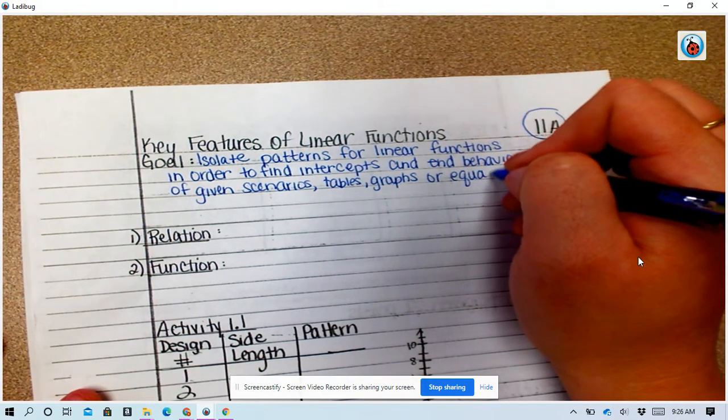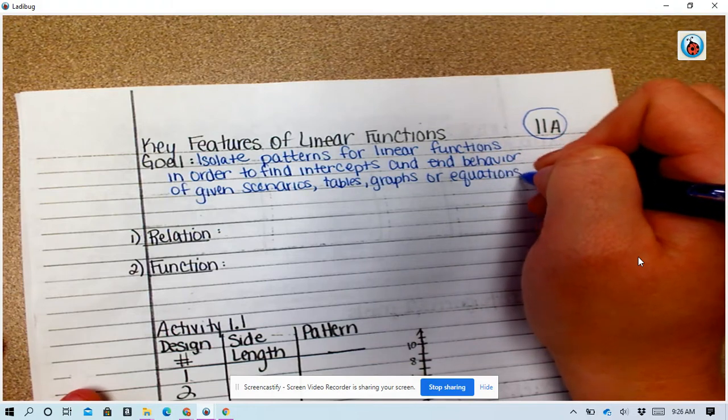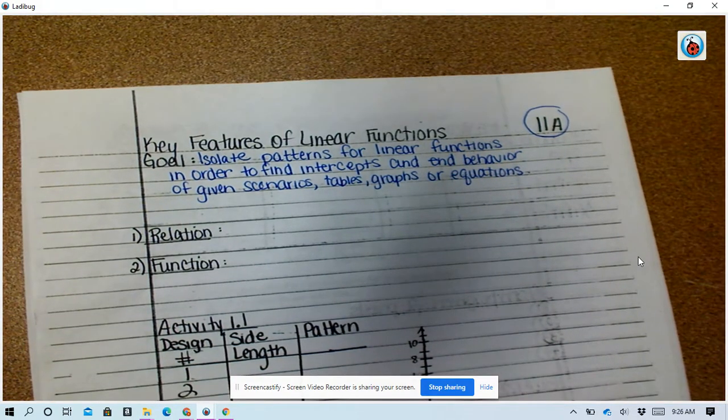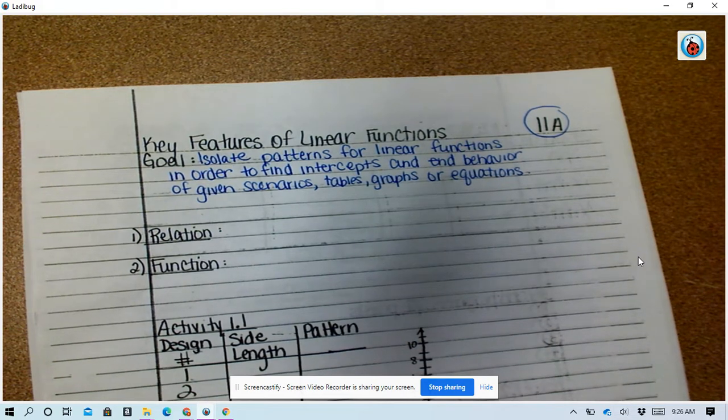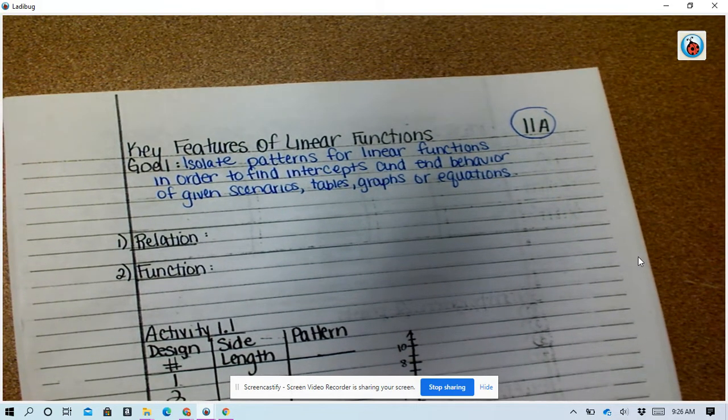So essentially what you are asked to do, no matter what scenario you're given, is to decide if you think it's linear and then find key features of that linear function.